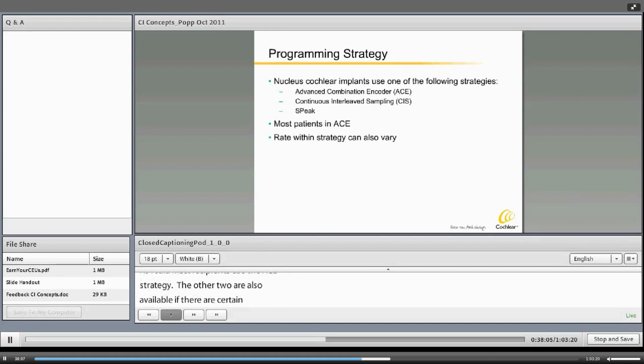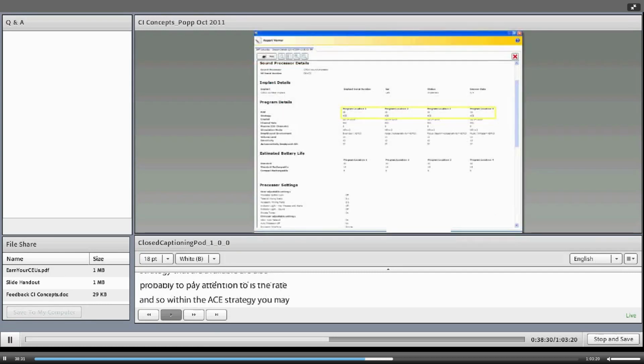While, as I said, most recipients do use the ACE strategy, the other two are also available if there are certain situations where that may be necessary. The number of variables within each strategy is numerous, and so the most important one probably to pay attention to is the rate.